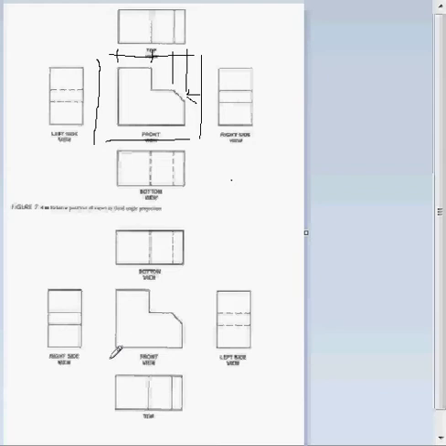When those prints came in from overseas, they would be in first angle projection. I was known to draw a part or two backwards because I didn't realize that it was in first angle projection, and I made the right side view actually be the opposite of what it needed to be because I was really looking at the left side view and I thought it was the right.